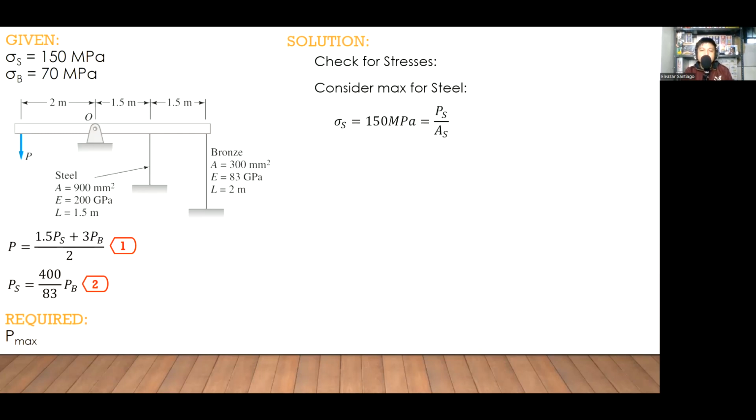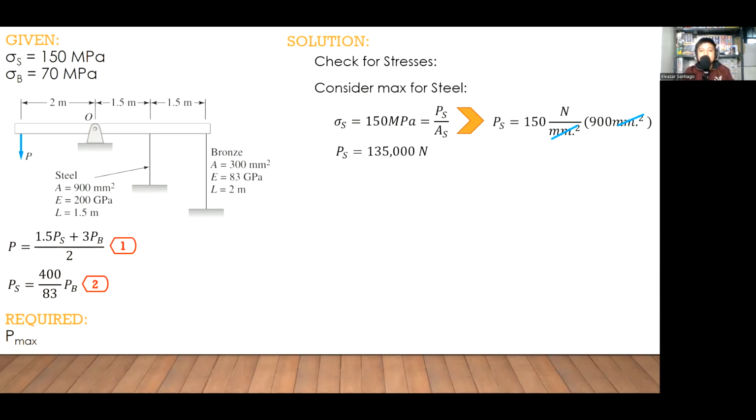Thus, if we cross multiply the area, we will come up with the force for the steel: 150 newtons per square millimeter multiplied by the area of the steel rod, 900 square millimeters. Cancel out the unit for the area, leaving us PS as 135,000 newtons.